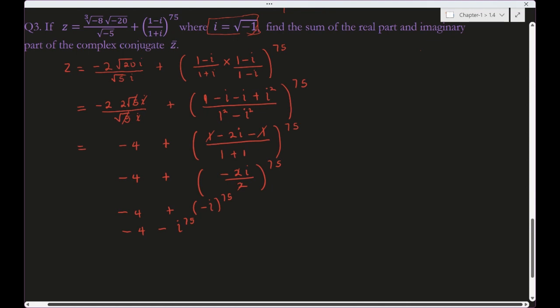Okay, now what is i to power 75? Powers of imaginary number. If you have i to power n, it is the same thing as what? i to power r. What is r? r is the remainder you get when you divide n by 4, right?